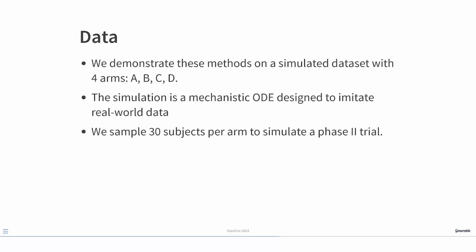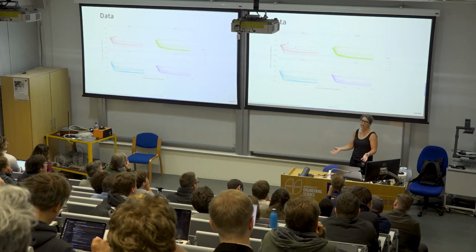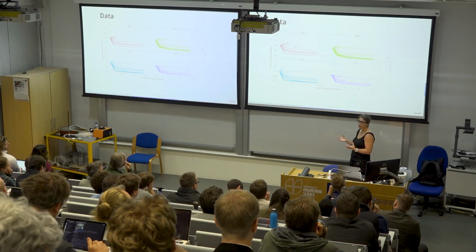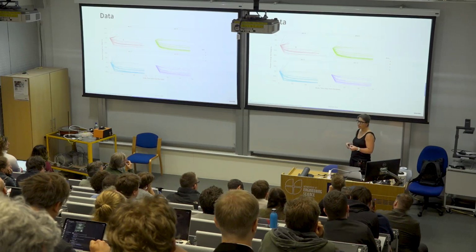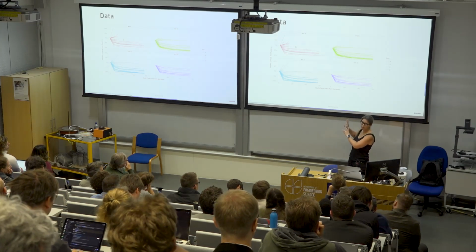Okay, so now we're going to fit these 3 models to our data. We have 4 simulated treatment arms, and these are the simulated data. They're not simulated according to an SF model. They're not simulated according to any of the models that we've implemented here. This is actually a mechanistic model, a pretty complicated ODE model that was provided to us by a sponsor that really mimics the drug action in question.